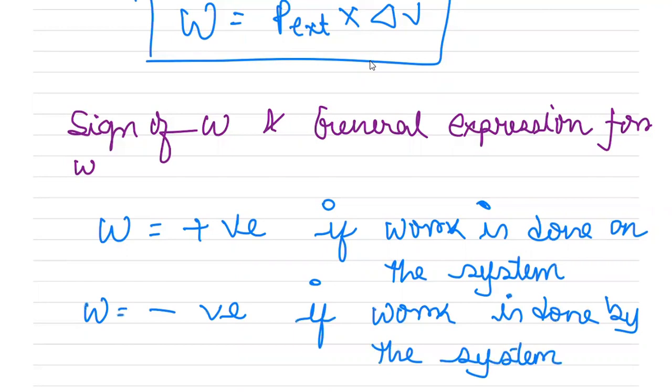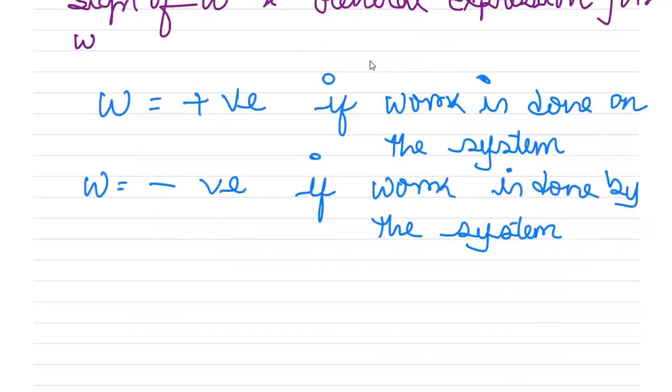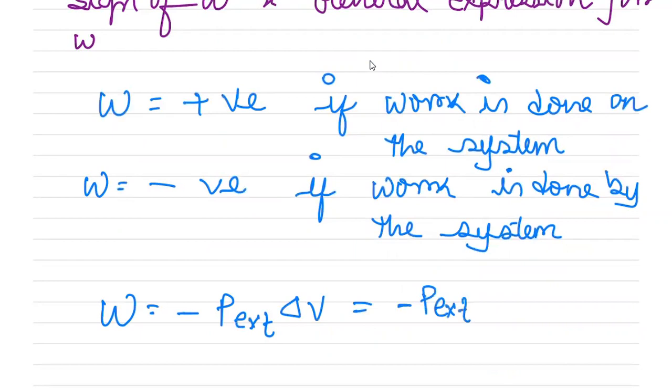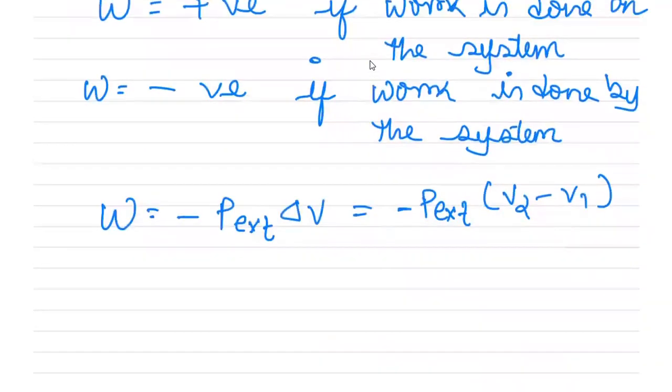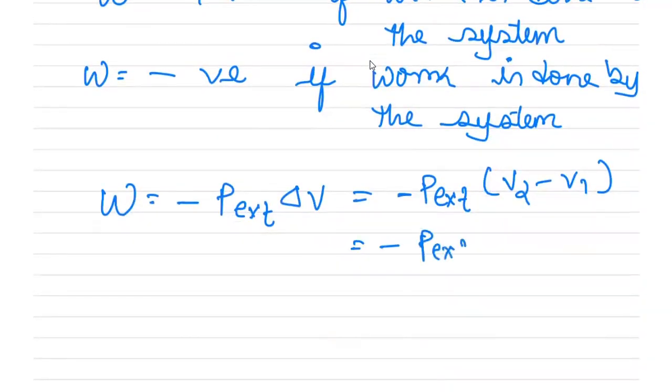The general expression for W will be W equals minus P external del V, which is minus P external into V2 minus V1, that is, final volume minus initial volume.